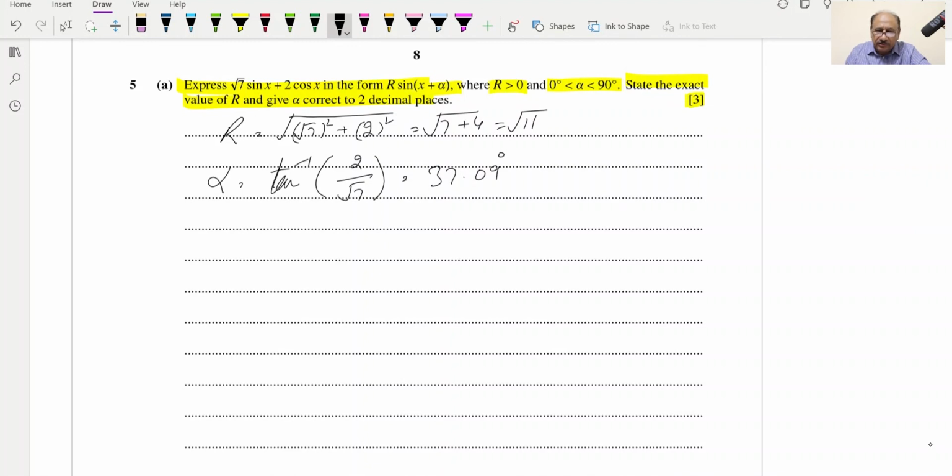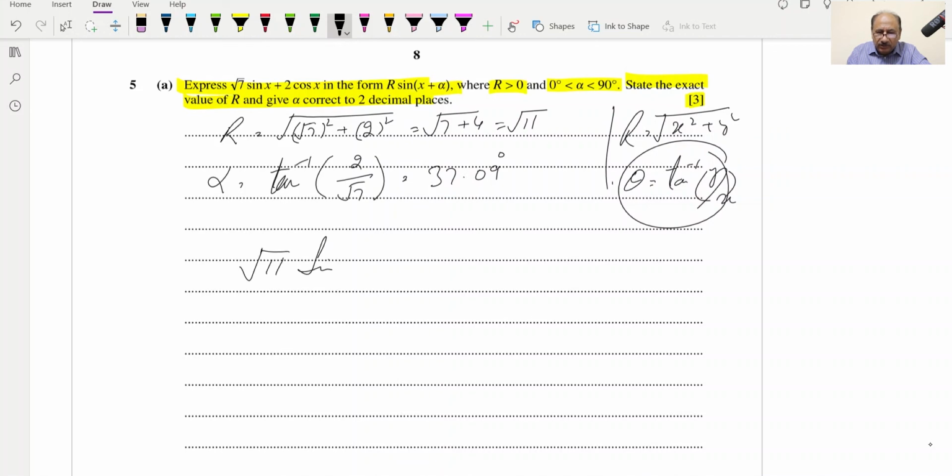This will be tan alpha, and we know that theta is equal to tan inverse of y over x. This is the result which we have utilized, and the r value is equal to the square root of x squared plus y squared. So these are the results which we have used.